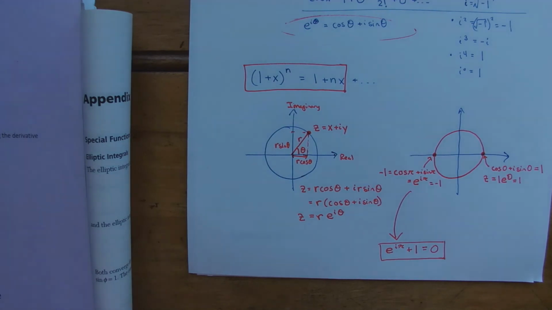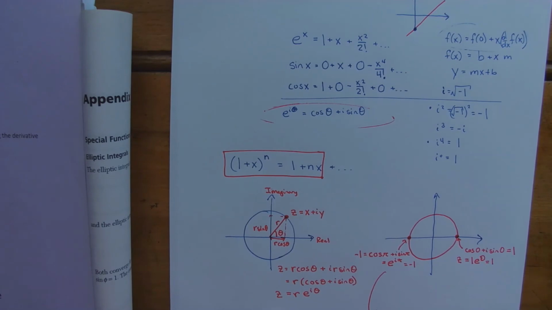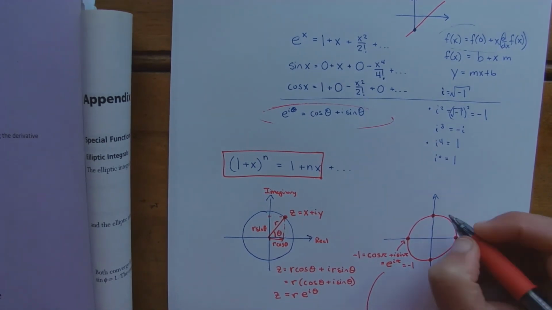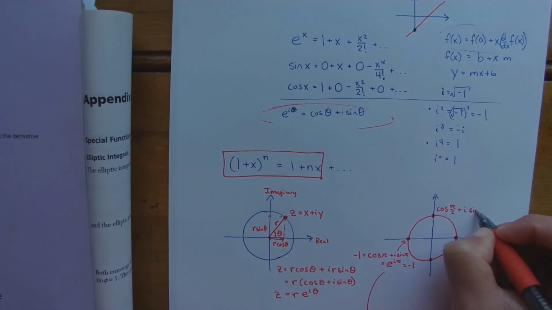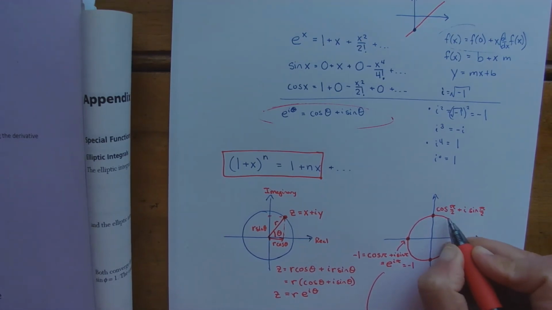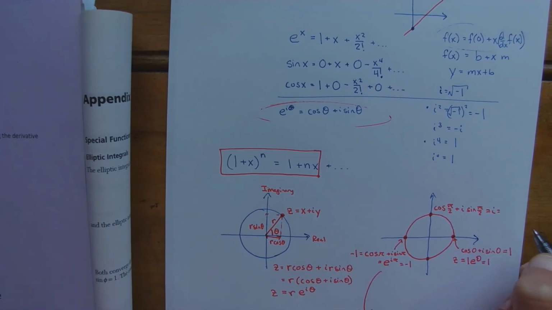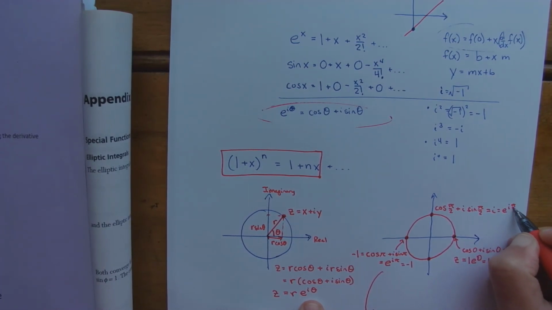Hooray! All right, so now we have 2 points left to look at, and then we'll be done. So we're going to look at this point here and this point here. For this point here, we have theta is equal to pi over 2. So this is cosine of pi over 2 plus i times sine of pi over 2, but cosine of pi over 2 is equal to 0, so this is just equal to i, and you could also write this as 1 times e to the i times pi over 2.